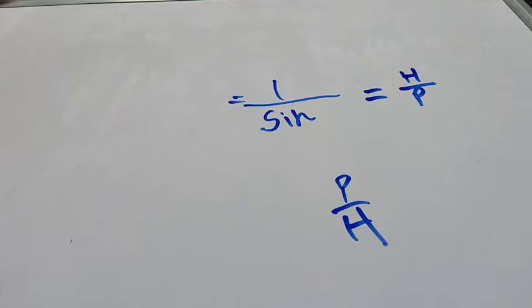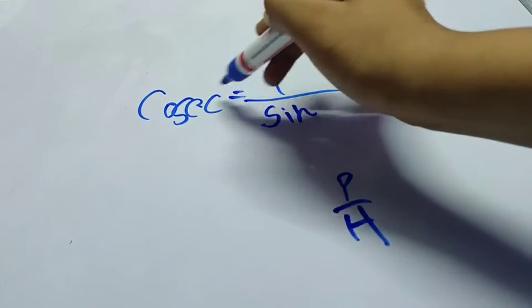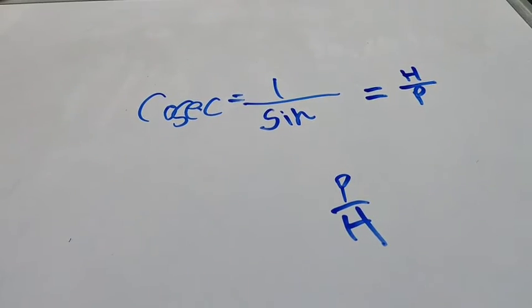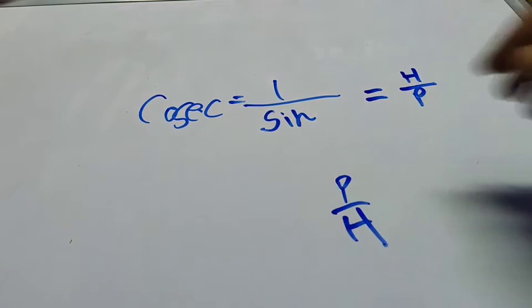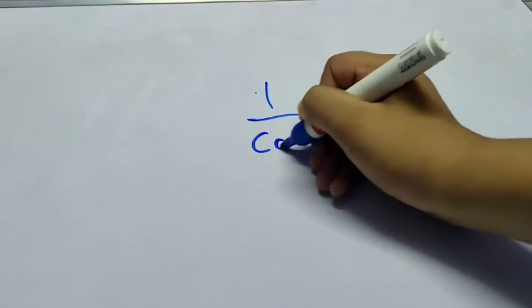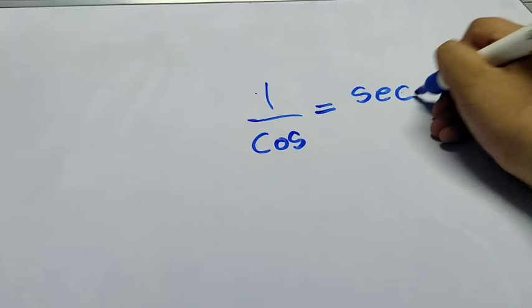So the thing will be cosec. Cosec is basically 1 upon sine, right? And we'll be looking at another ratio, and that ratio is 1 upon cos. 1 upon cos is also known as sec.